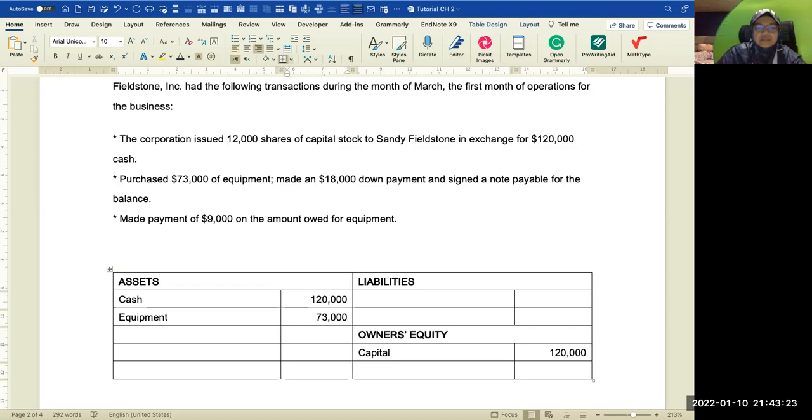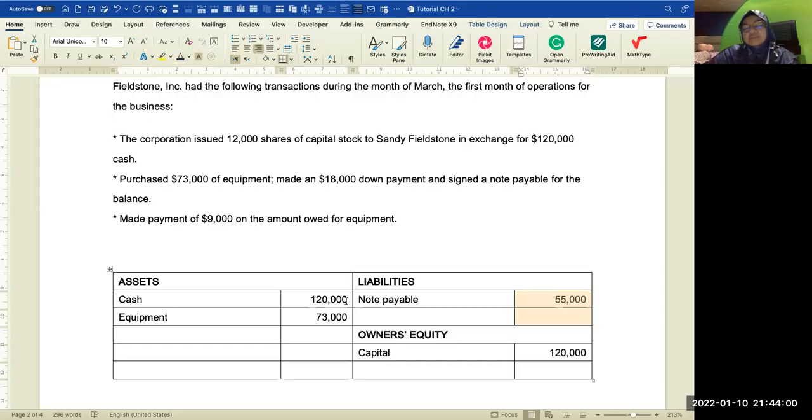And the payable should be, if we deduct 18,000, we're going to open up a note payable. 73 minus 18, how much is that? It's 55,000.